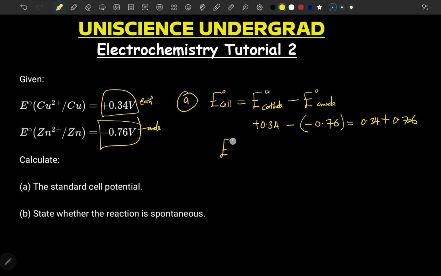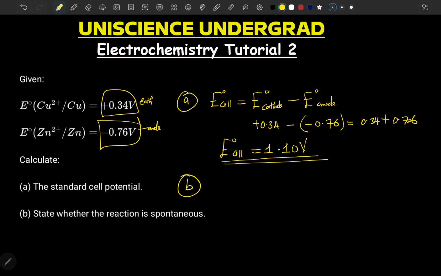So what is our E cell? Our E cell is just 1.10 volts. Tell me if this is difficult. It's not, right? Just ask yourself which one is at high potential. You start with it.